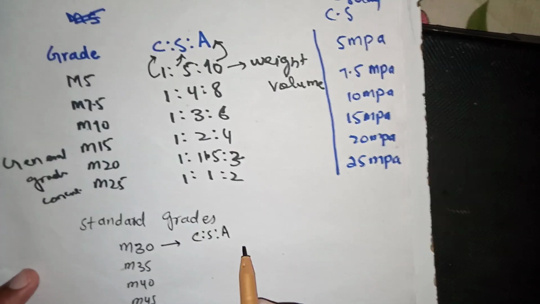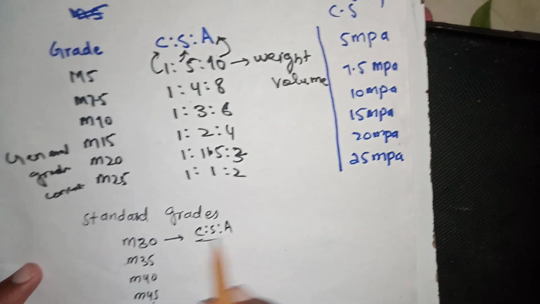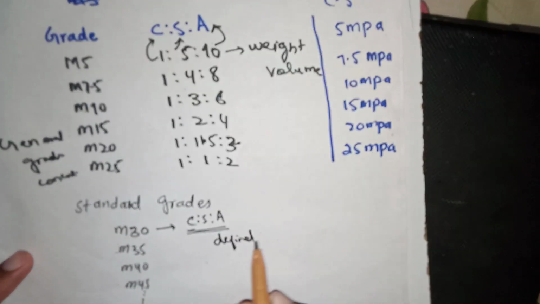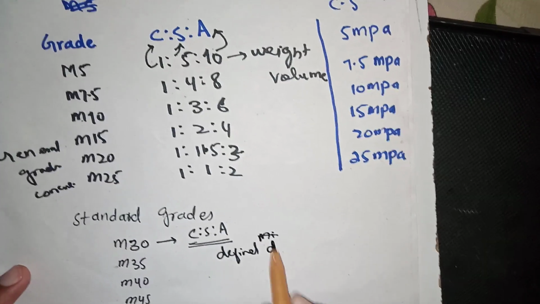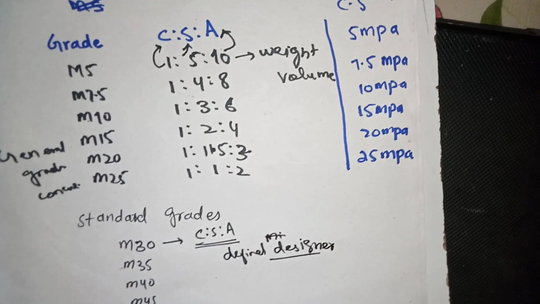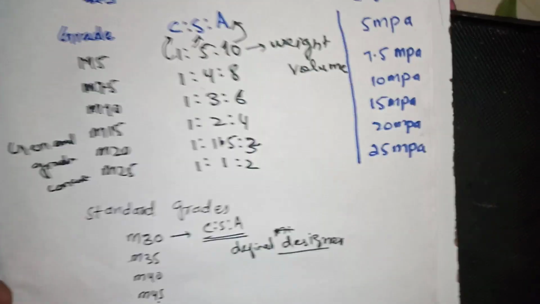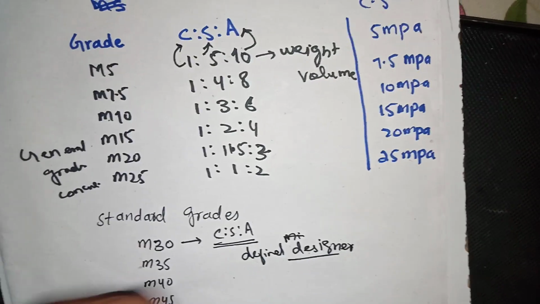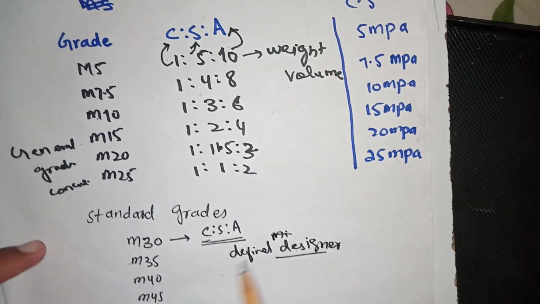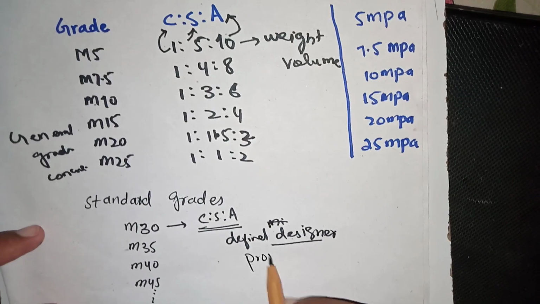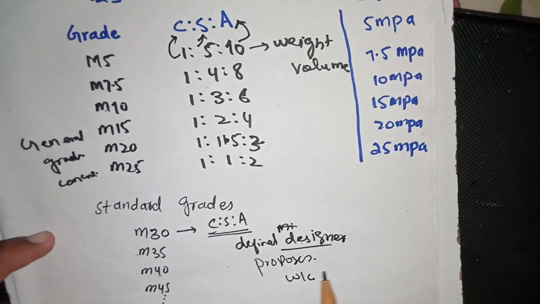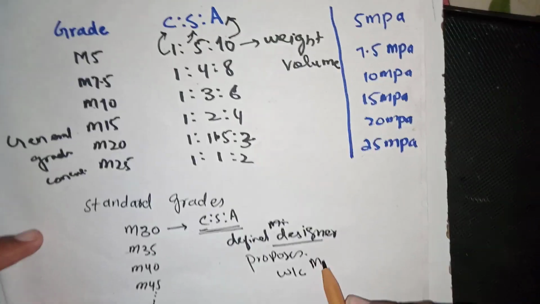Cement, sand and aggregate. Their cement, sand and aggregate ratios are defined by the designer that designs the structure. He proposes their water cement ratio and their mix ratio.